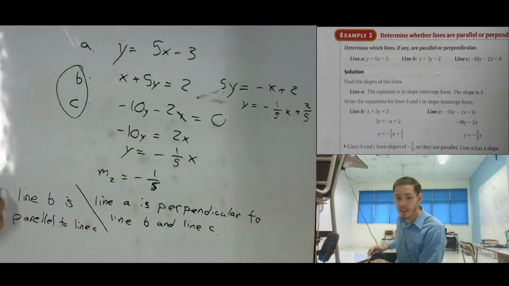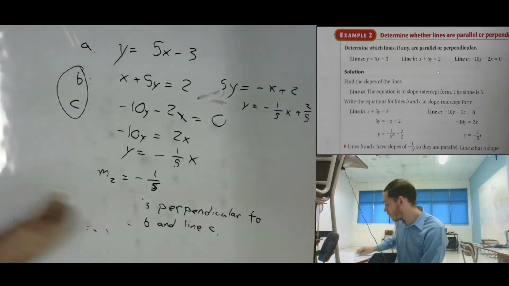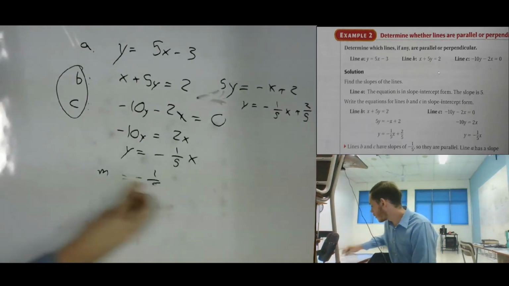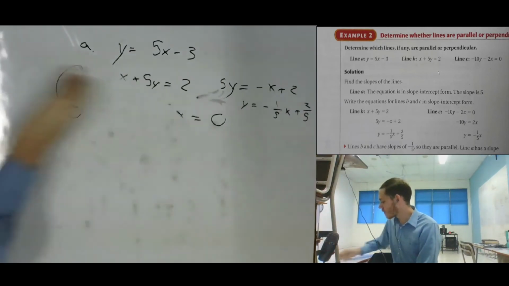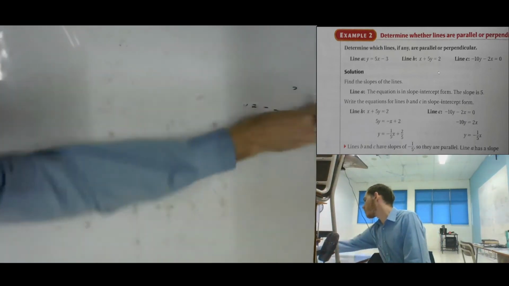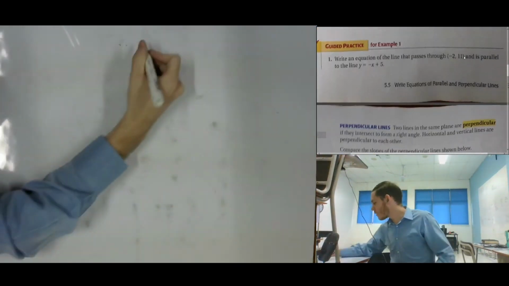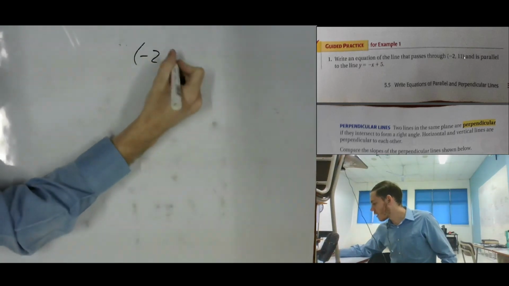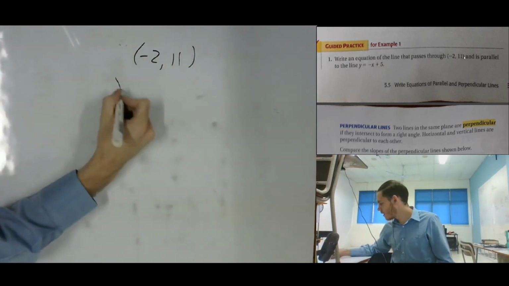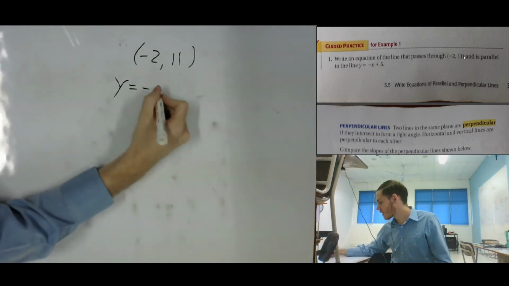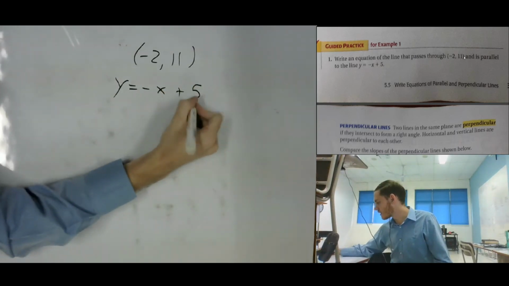Let's do some practice problems. We'll do one practice problem. I'll upload this. You'll know how to solve for perpendicular. Really quickly, let's take our earlier line. Let's say we have the point negative 2, comma 11, and we are finding the perpendicular to this line.